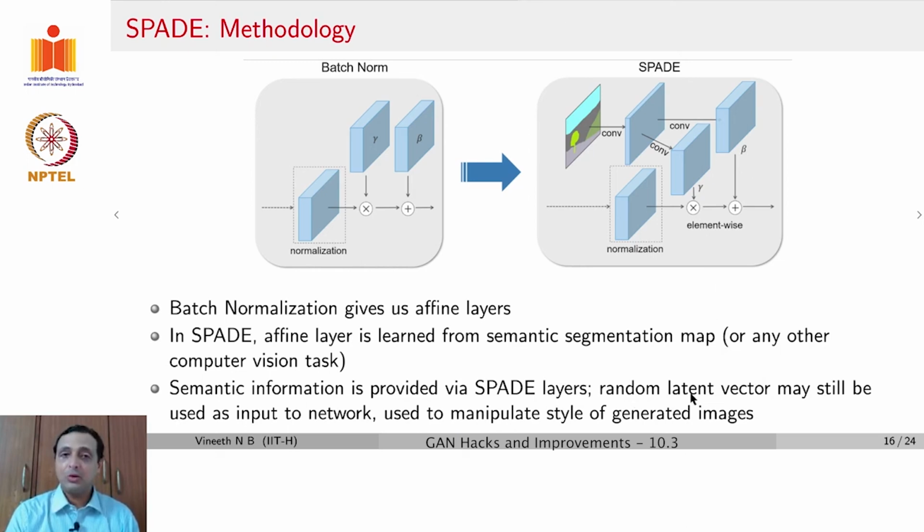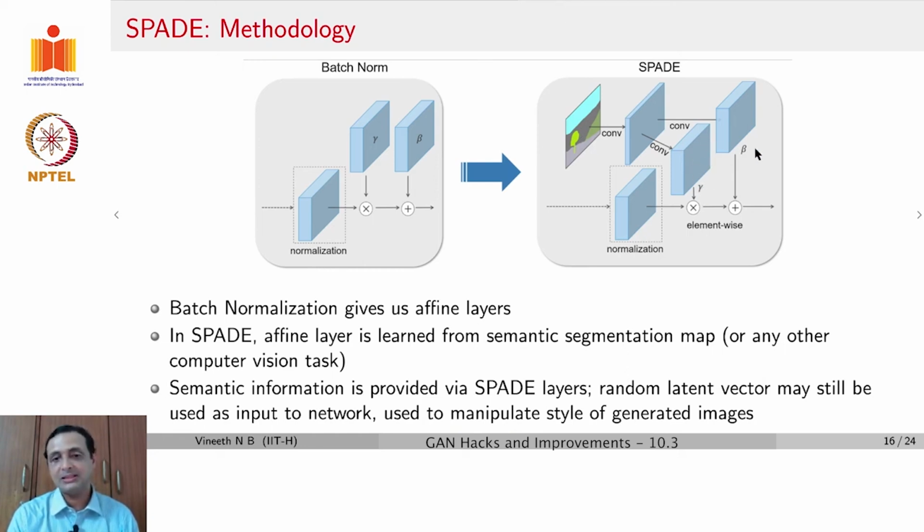A random latent vector can also be used to manipulate the style of generated images, but the semantic segmentation map gives a way of normalizing using spatial content at each pixel. So you can notice here that the normalization now is defined at each pixel.